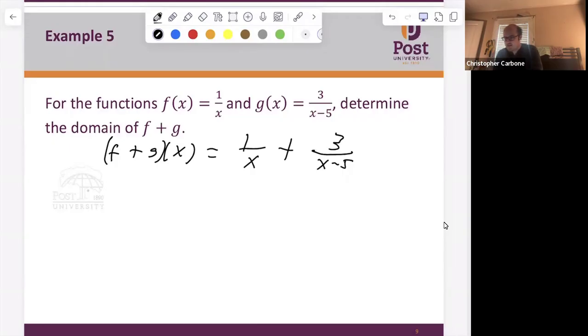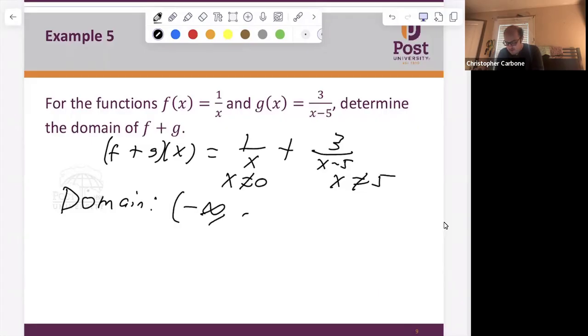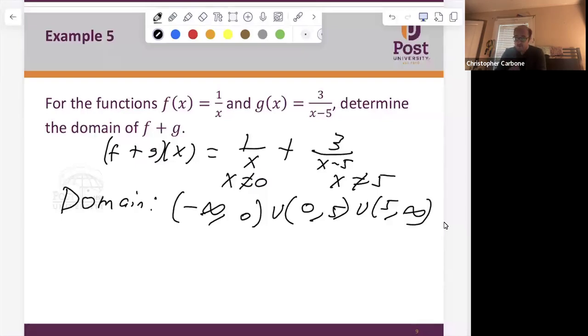We could certainly combine these, but you don't need that to know the domain. So we can't have 0 and can't have 5. So negative infinity to 0, union 0 to 5, union 5 to infinity, excluding the 0 and excluding the 5.